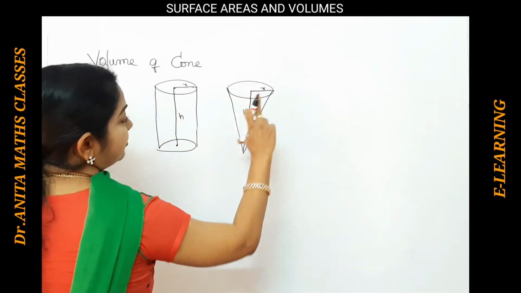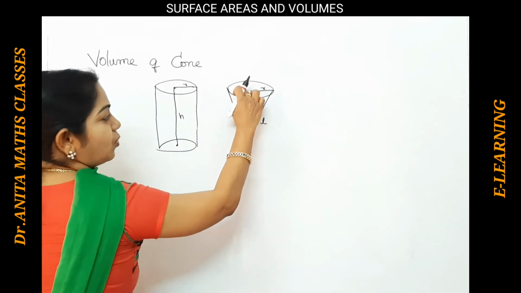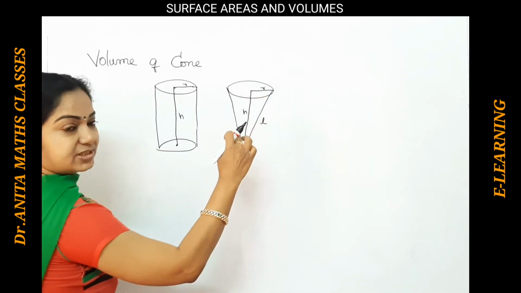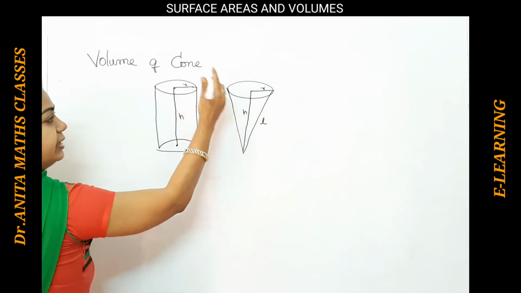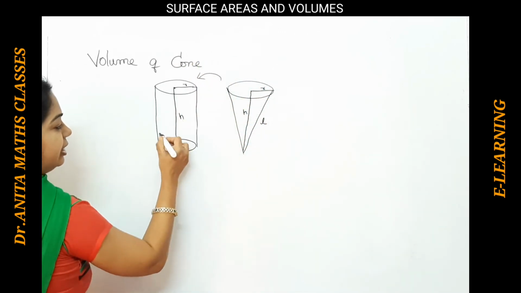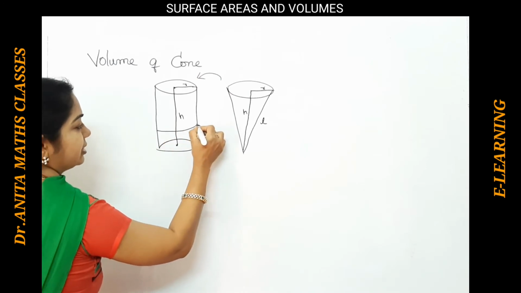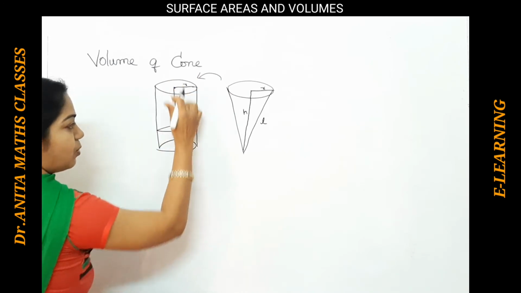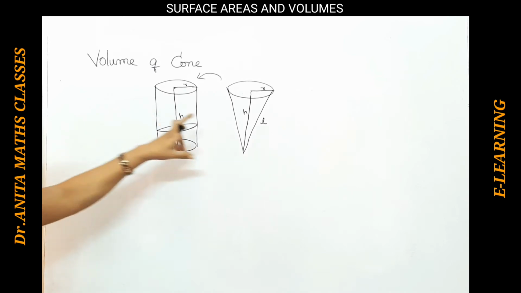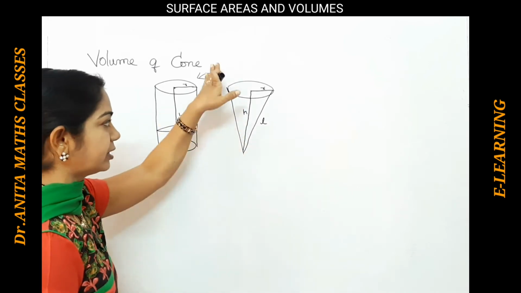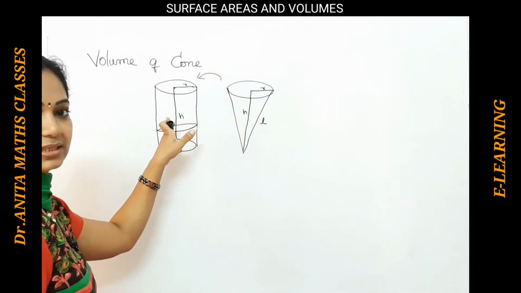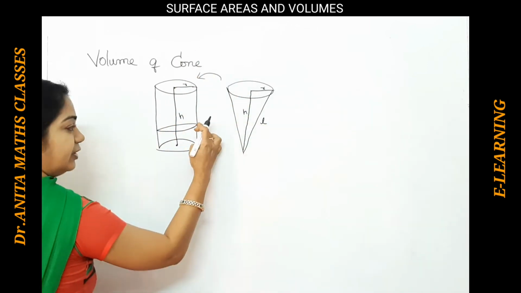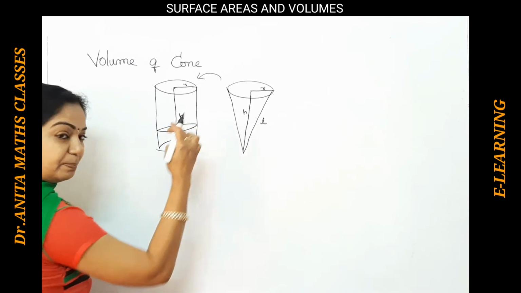See here. Suppose I fill this cone with some water and pour it into this cylinder, it will come to 1/3 of the rim. So 1/3 of the cylinder will be filled. If I take water up to the brim of this cone and pour it into the cylinder, it will occupy only the 1/3 part.